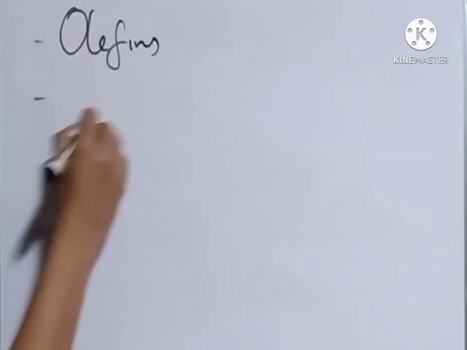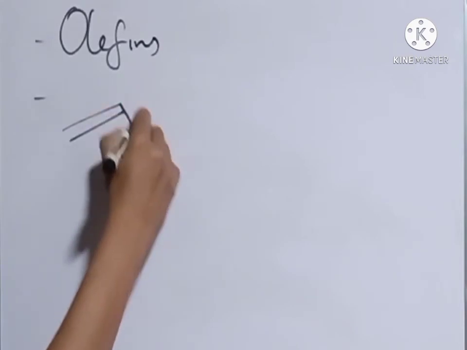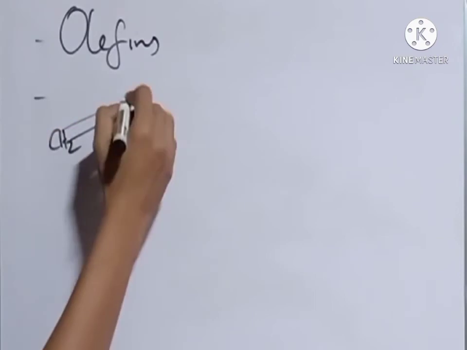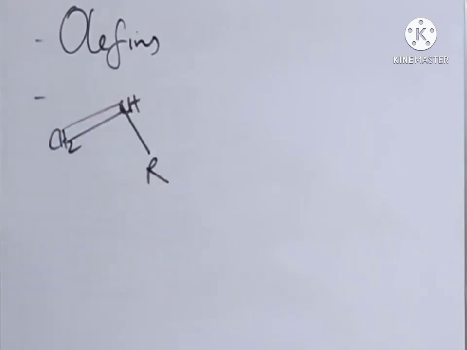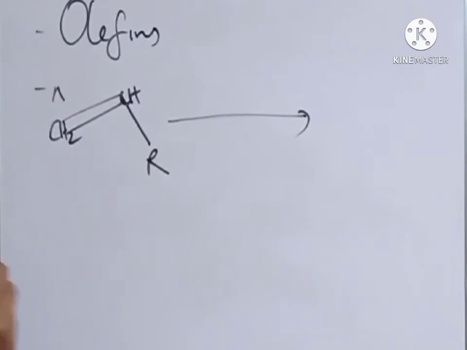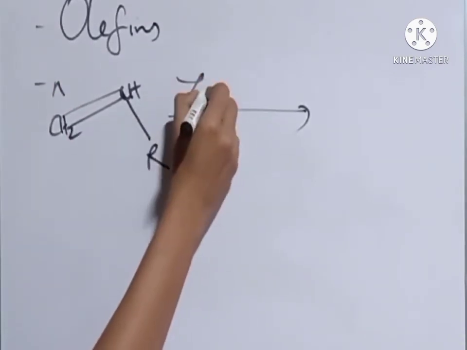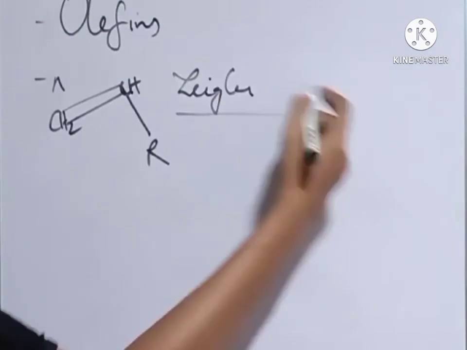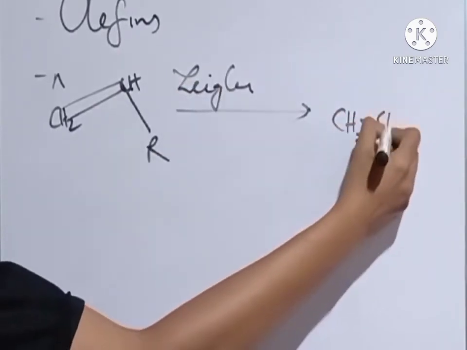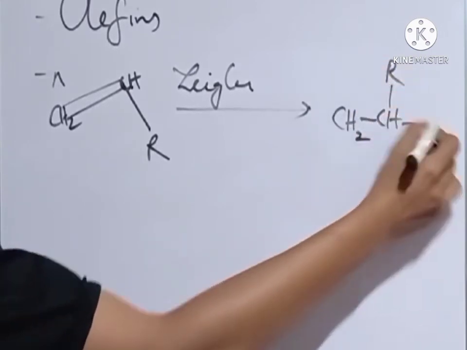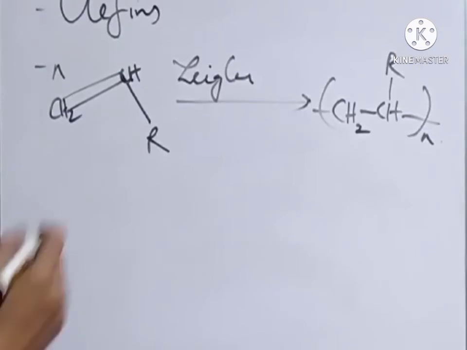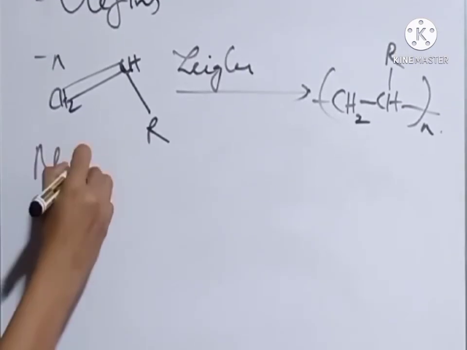So if we have a monomer unit like this, CH2 double bond CHR, if n such units are there, and by using the Ziegler-Natta catalyst, we can prepare the linear chain polymer of this monomer, that is CH2 CHR n times.